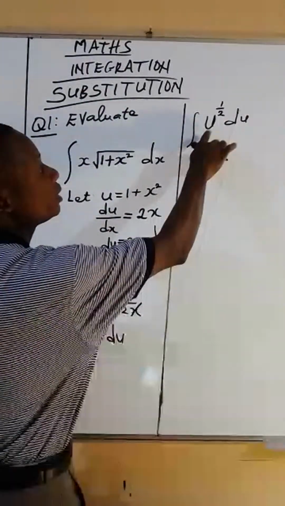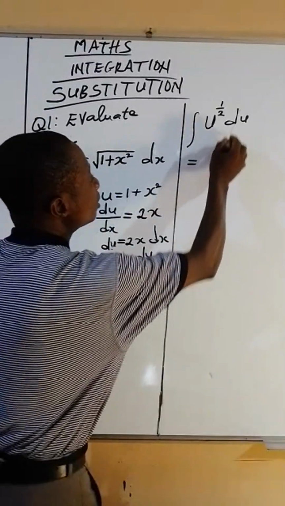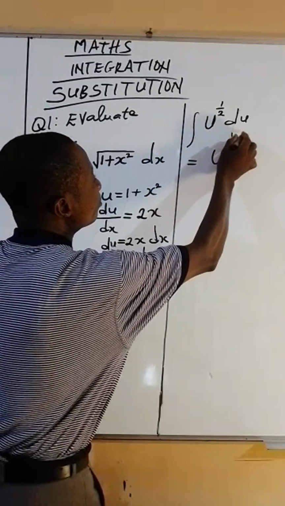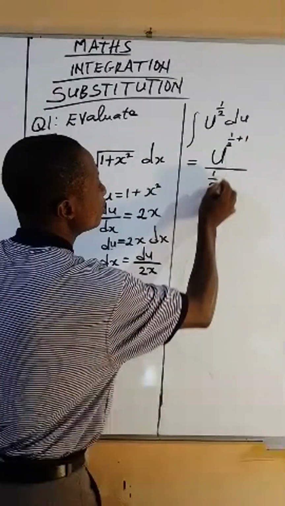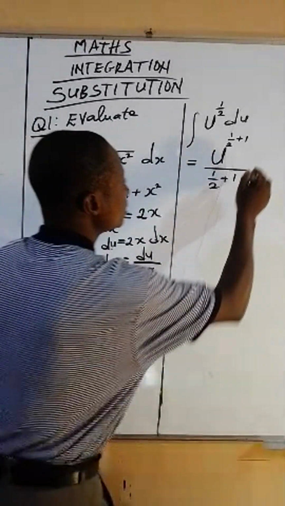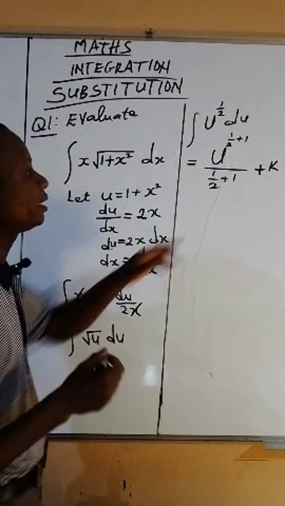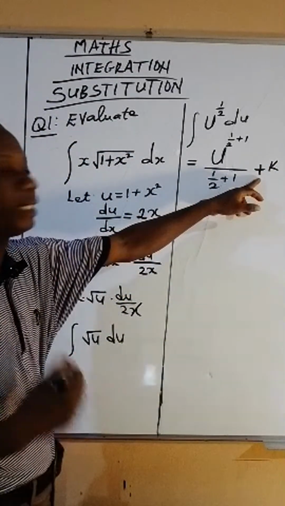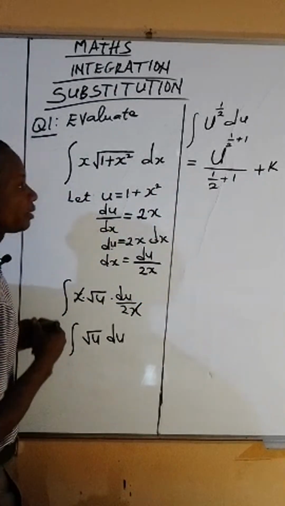When we integrate this, we are going to have u to the half plus 1 divided by half plus 1. To integrate means we can add our k here, where k is the arbitrary constant. Whenever we integrate, we add this k just to show an arbitrary constant.